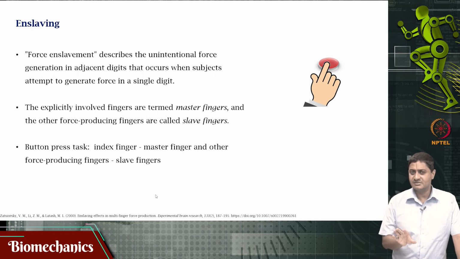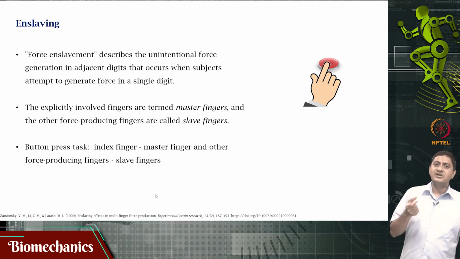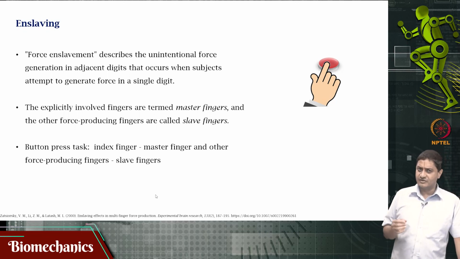Let me unpack that. What I mean is, in a multi-finger task, let us say I am performing index, middle, ring, little, with 4 fingers I am pressing on an object and I am measuring, say, all the 4 finger forces, and I am taking, for example, only the data from the index finger.